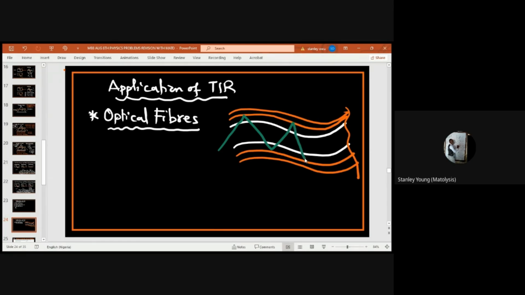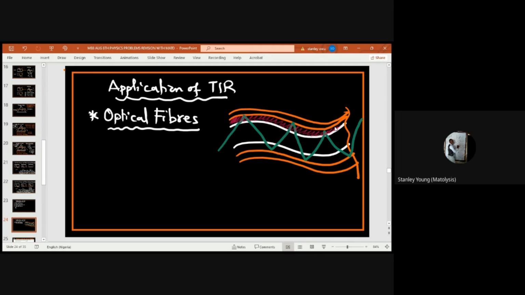The ray is being internally reflected till it moves from the source to the destination. So what is happening here? We have two different thicknesses here. Let me indicate it. So we have this thickness here.